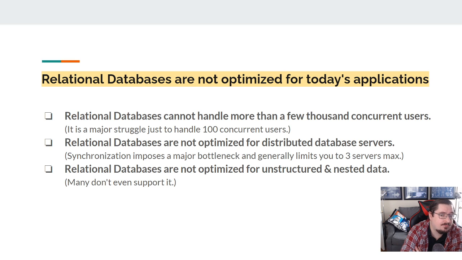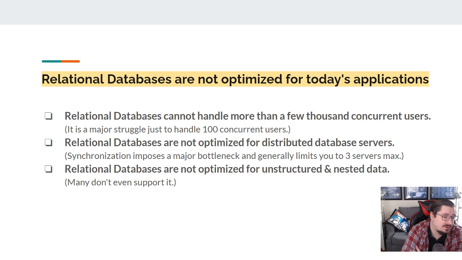And know that, okay, foreign keys are a problem and auto increment is a problem, and I need to have multiple servers, and how do I deal with server synchronization and backups, and all of that becomes, there's a point where that's a problem. And relational databases overall are not optimized for distributed database servers.